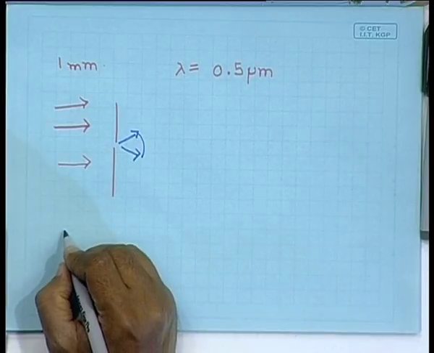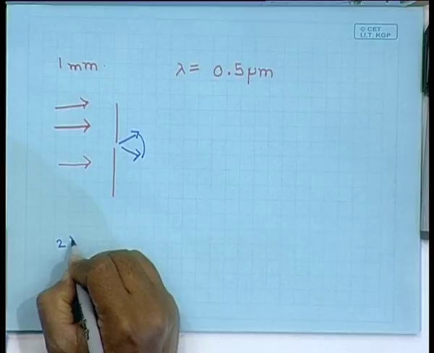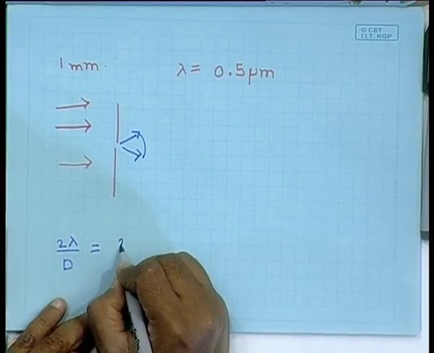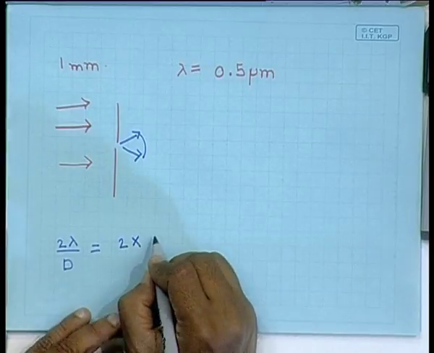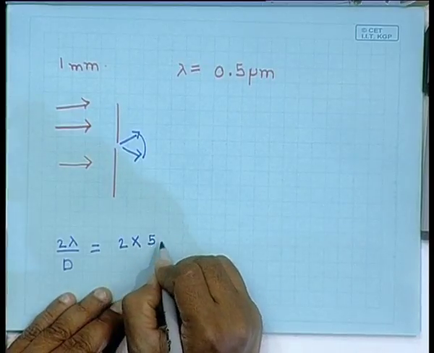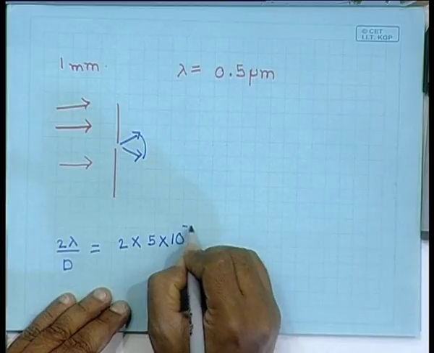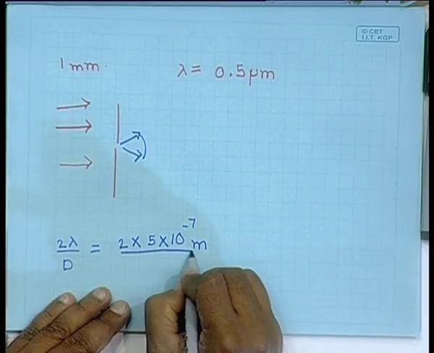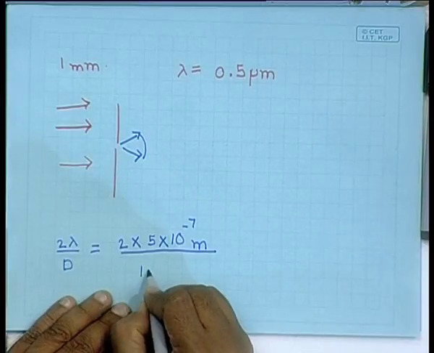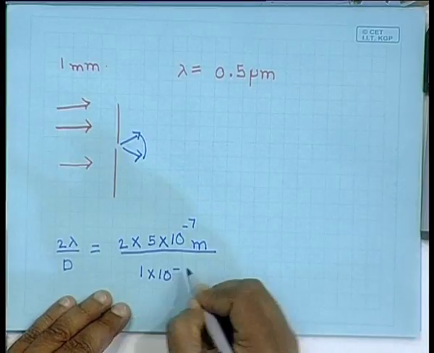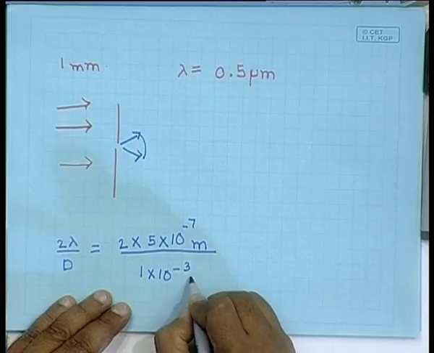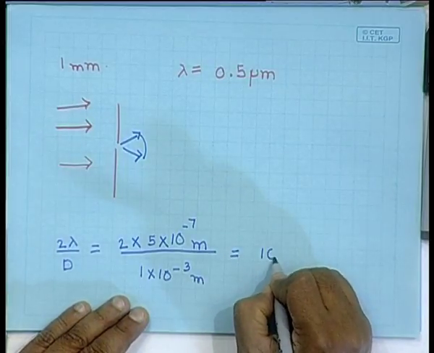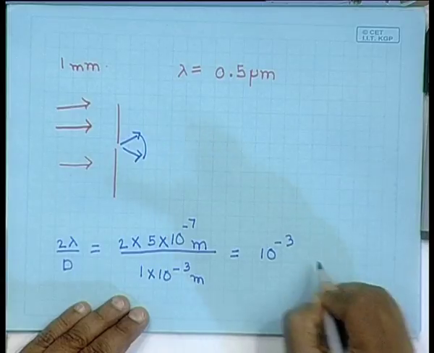So, this we have seen is 2 lambda by d, which in this case will be 2 into 5 into 10 to the power minus 7 meters divided by d, which is 1 millimeter, 1 into 10 to the power minus 3 meters. So, this gives us 10 to the power minus 3 radians.